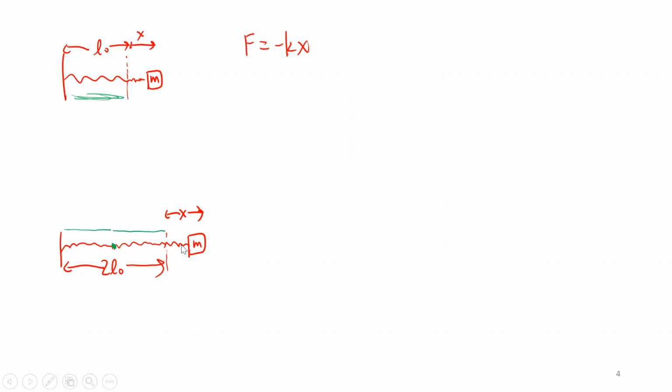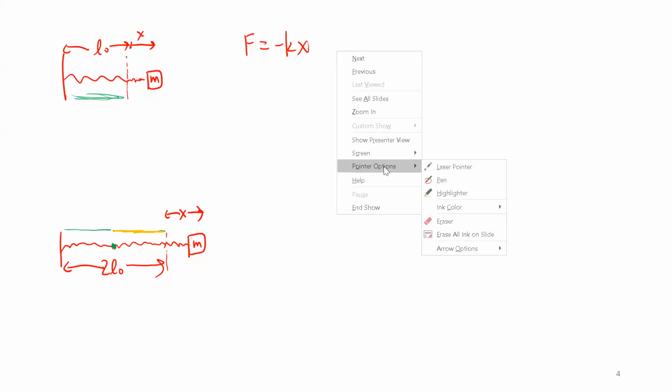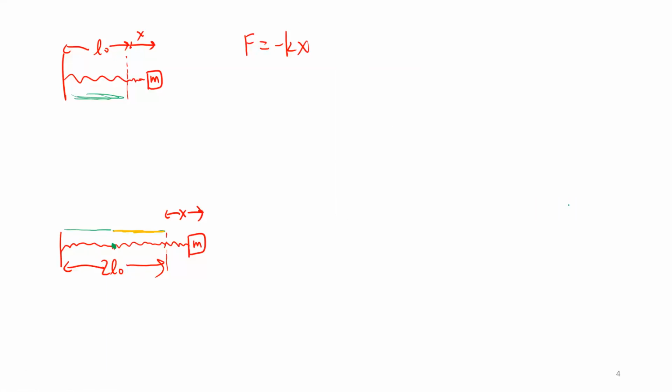Now if you stretch this thing, let me use two different colors to indicate the two springs. What happens is that the two springs, which are identical, share the same amount of stretching, such that the spring on the left becomes L0 plus X divided by 2.